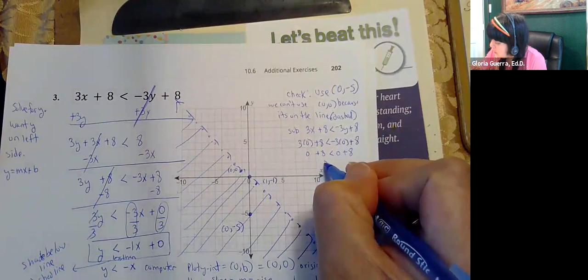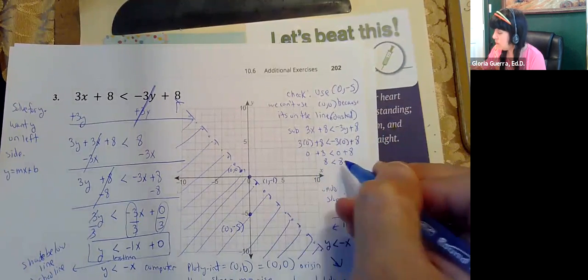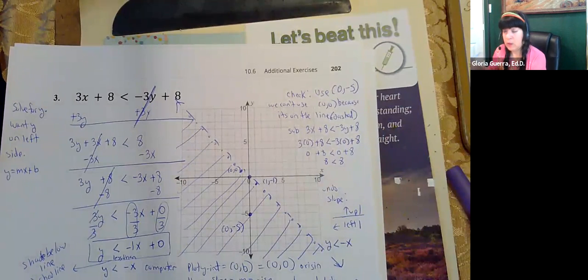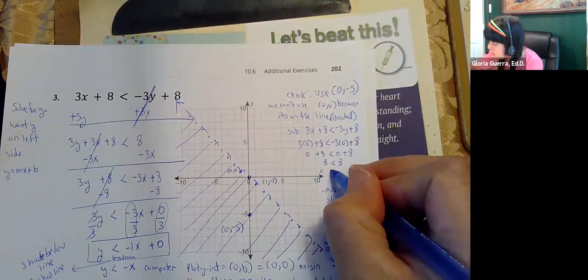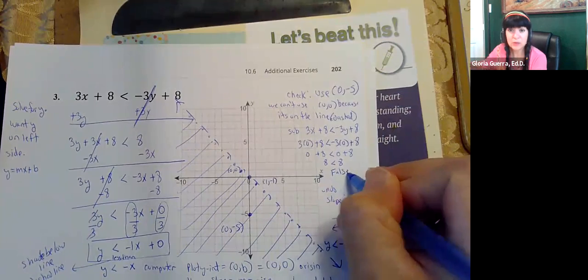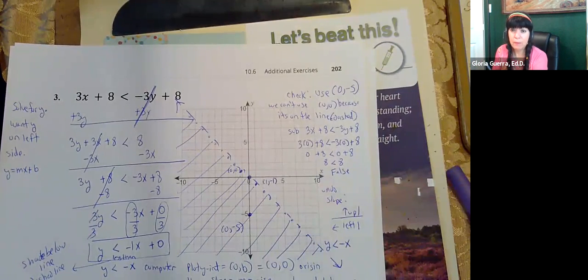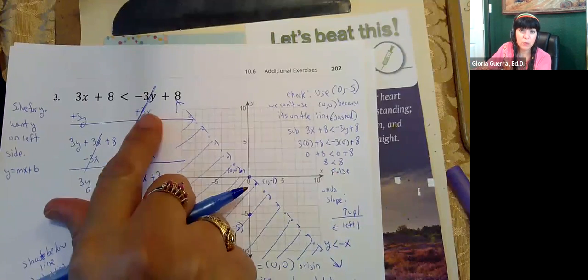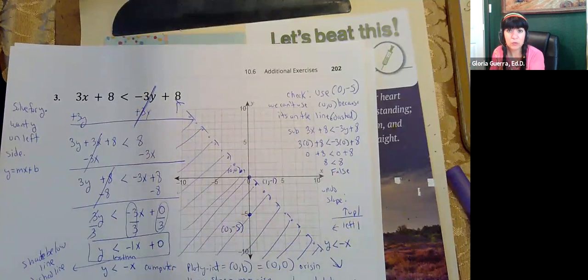So then I have 8 is less than 8. Is that true or false? That is false. 8's not less than 8. 8 equals 8, but I don't have a less than or equal to. It didn't have the underscore. It only said less than. So 8 is not less than 8.